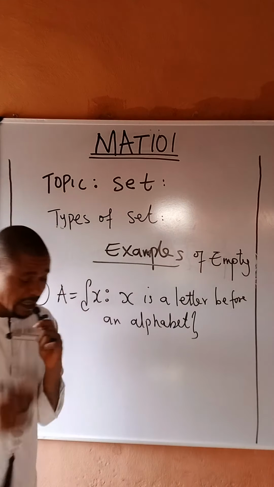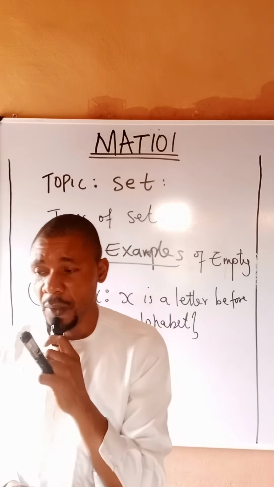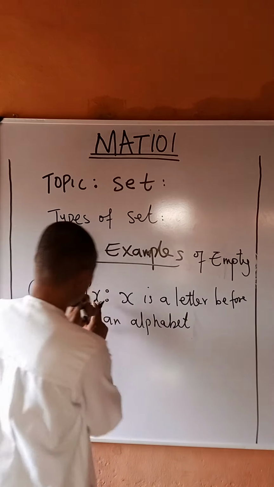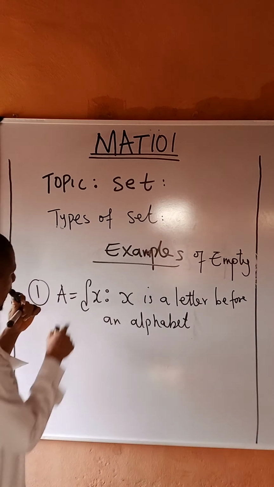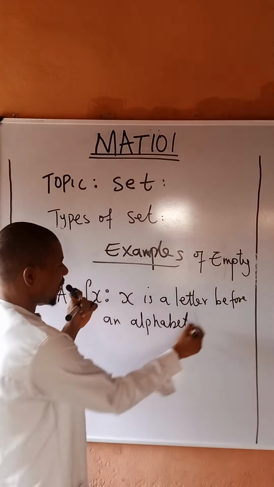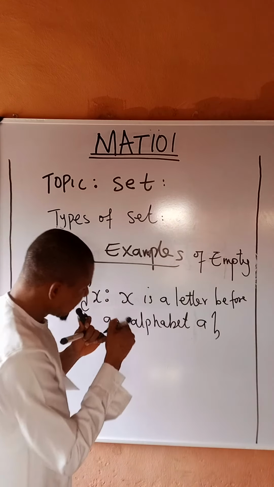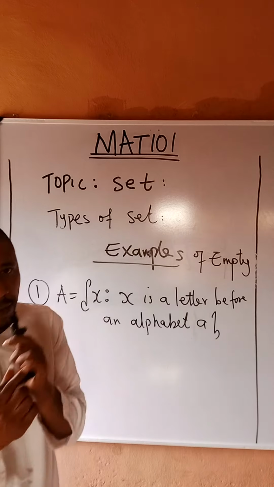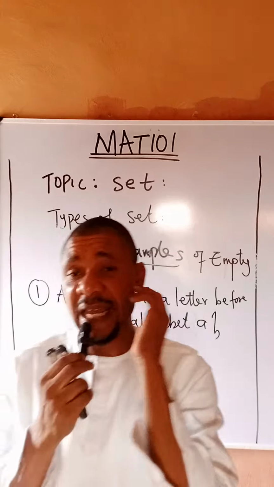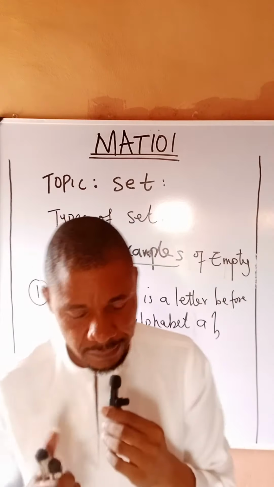So when you look at this example, you could understand with me that there is nothing like a letter that you see before an alphabet A. That is, A is a set of X such that X is a letter before an alphabet A. So there is no letter you see before an alphabet A. When you want to read A, B, C, D, E, F, G, H, there is no letter you will see before that particular alphabet.